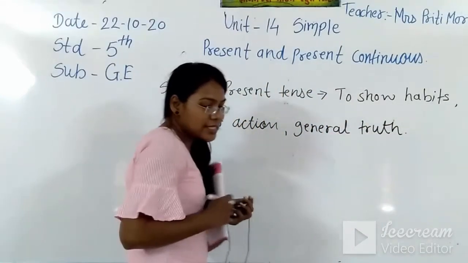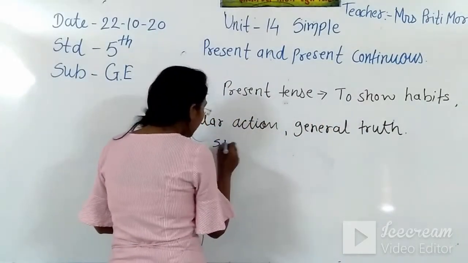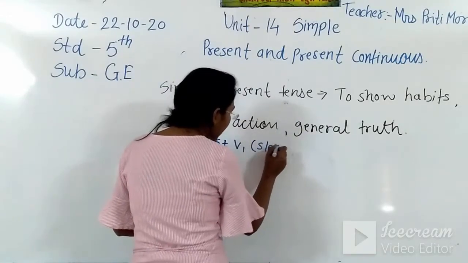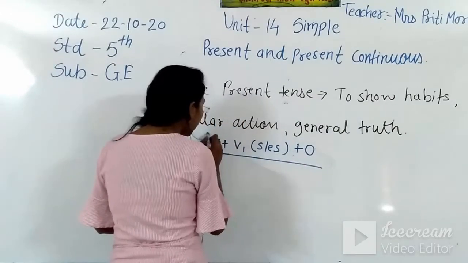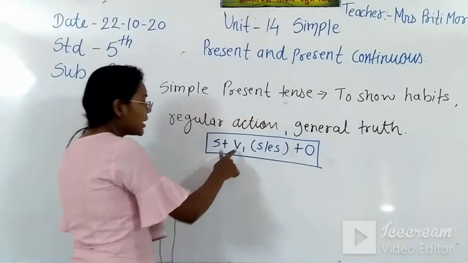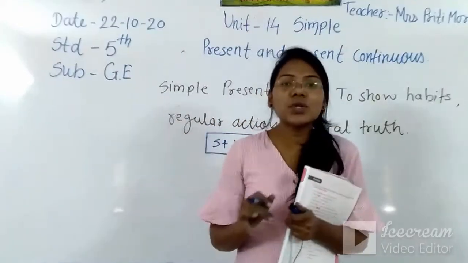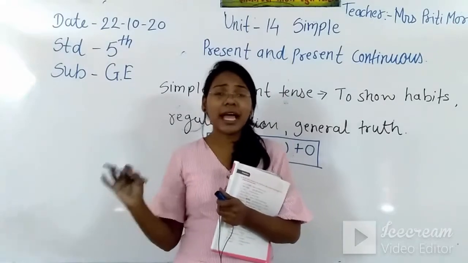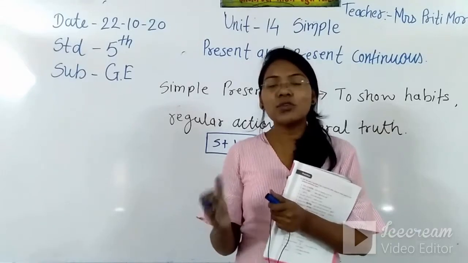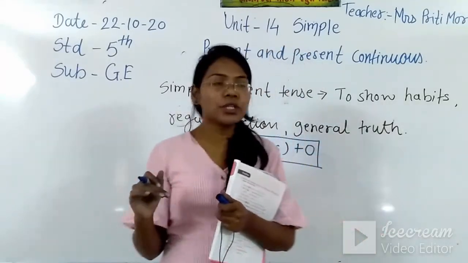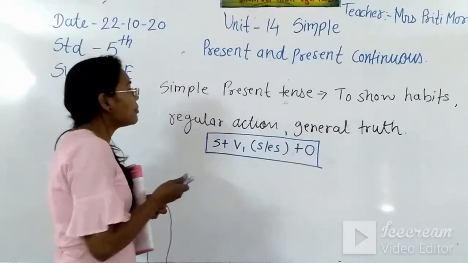The formula for the simple present tense is subject plus V1 plus s or es plus object. We take the subject, and after the subject, verb 1. When the subject is singular, we add s or es to the verb, and when the subject is plural, we just take the first form of the verb, and then the object.